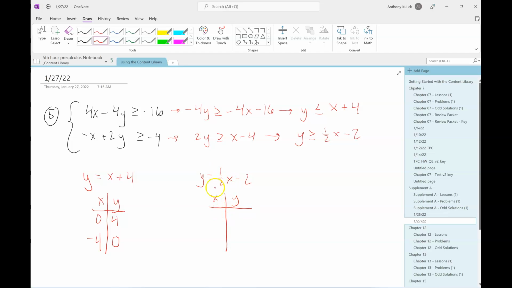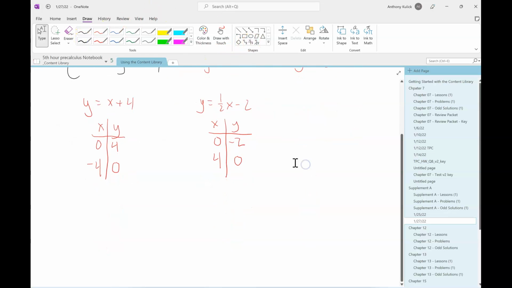Same thing here. So maybe I'll plug in 0 for x. I get negative 2 for y. And then maybe I'll plug in 4 for x, and that will give me 0 for y. So there's my points on my lines.